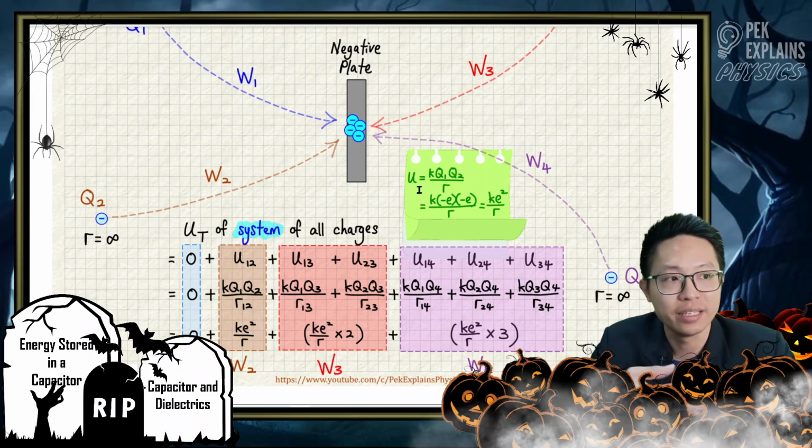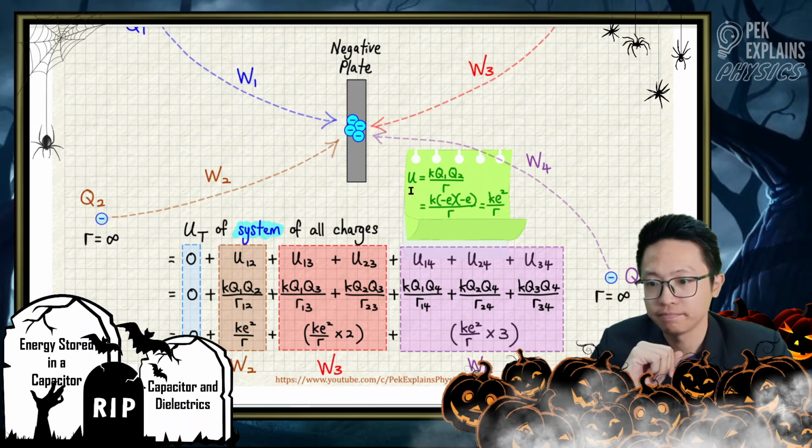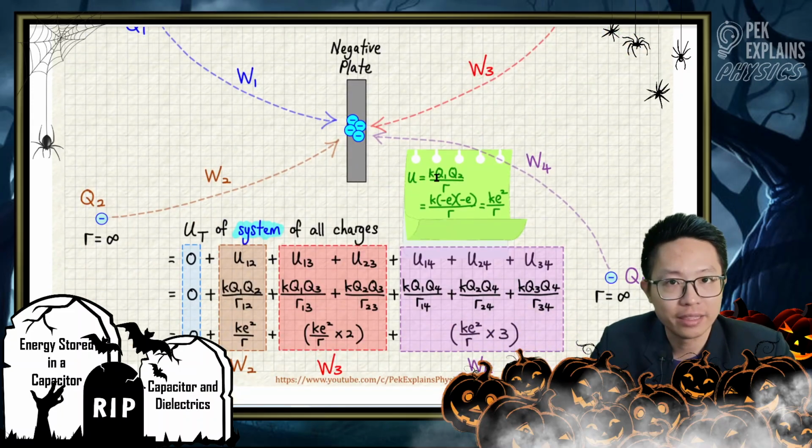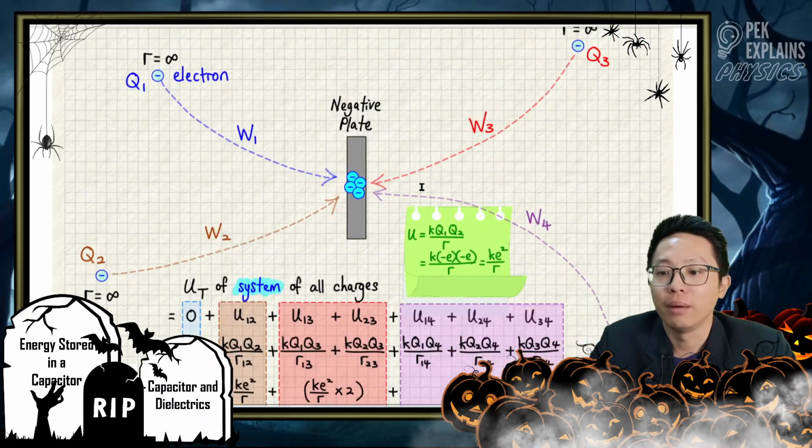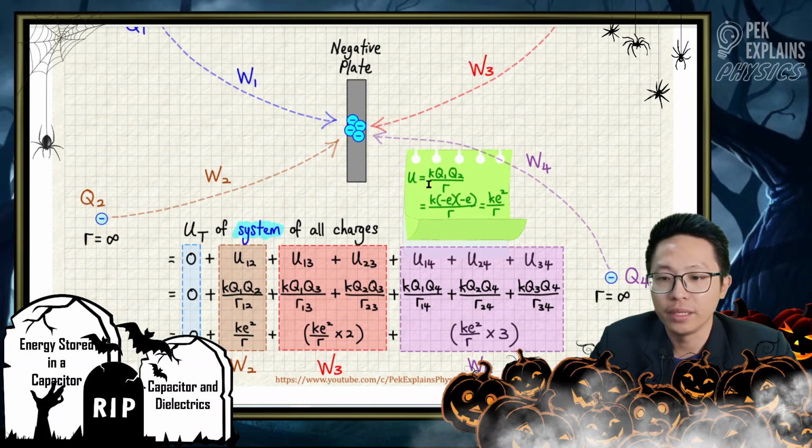Yes, this is the kind of energy stored in the capacitor. Not kinetic energy, not elastic potential energy, but electric potential energy.